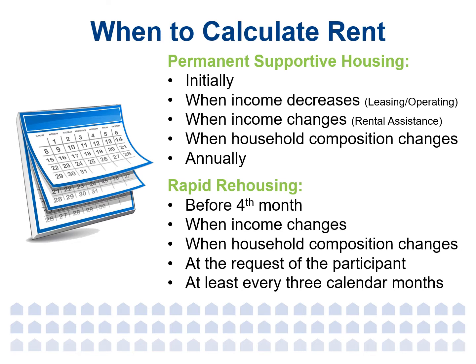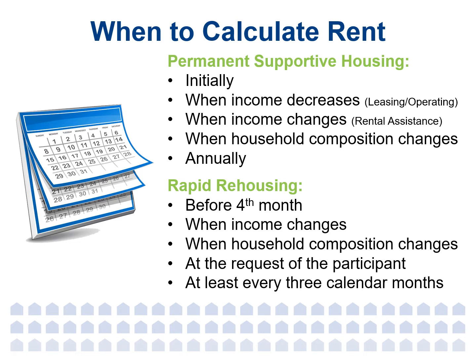Under the current RRH rental determination policy, the CoC-approved rent calculation worksheet must be completed before the participant's 4th month in the assisted unit, as 100% of move-in costs and the first 3 months of rent and utilities must be paid by the project.